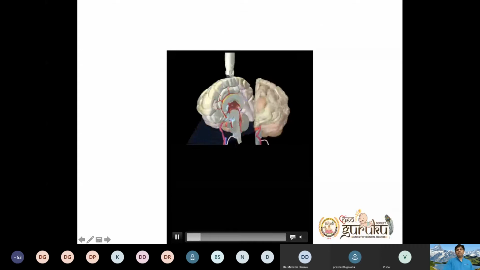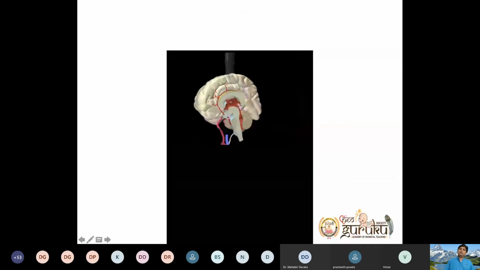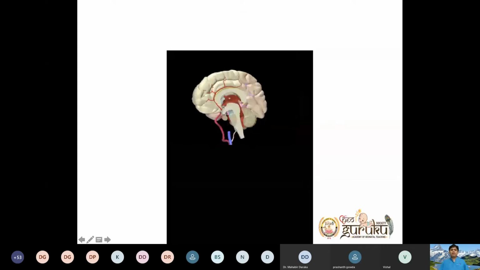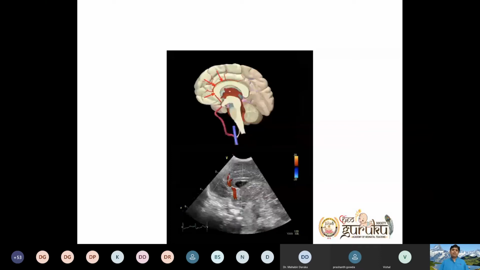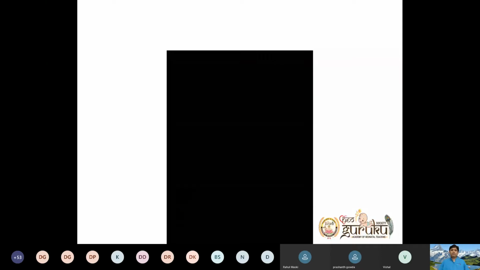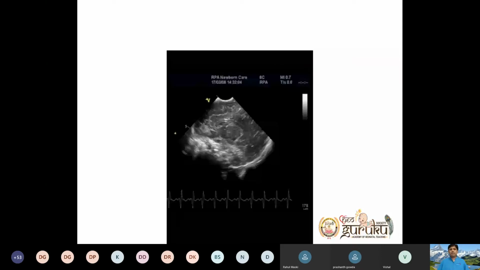So this is for the Doppler, which we'll take up again in the upcoming classes. This is how it looks. Here also I can show, if time is there. This is your anterior cerebral artery, and you have to place your Doppler line perpendicular to that and start getting the Doppler when you're calculating the RI, resistive index.